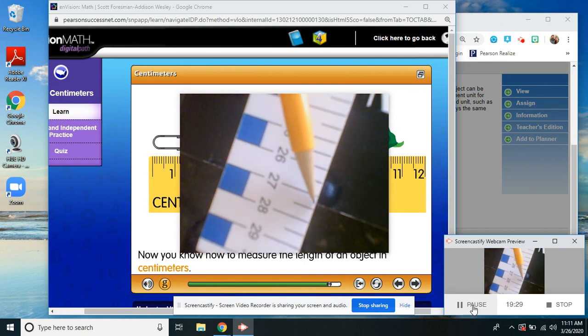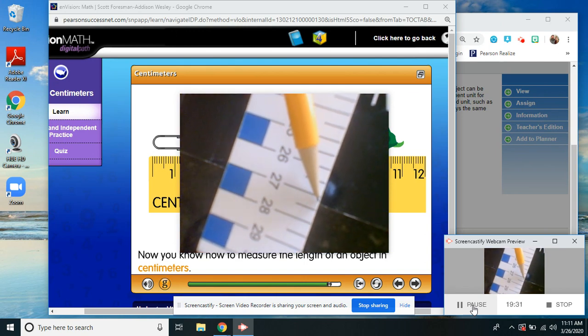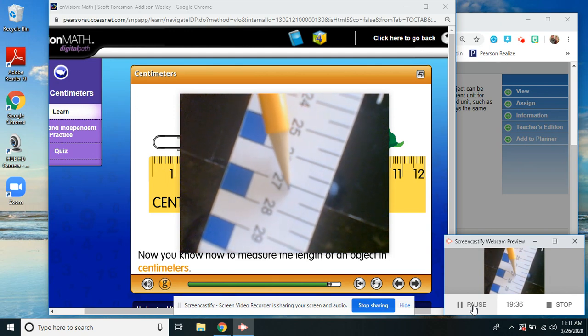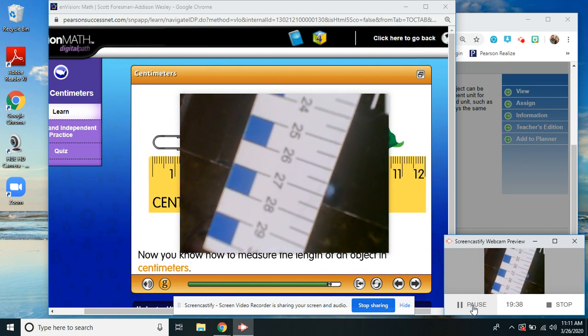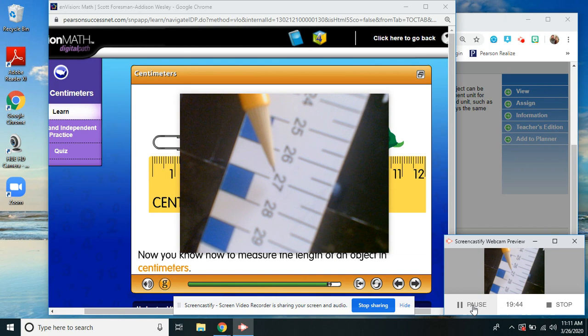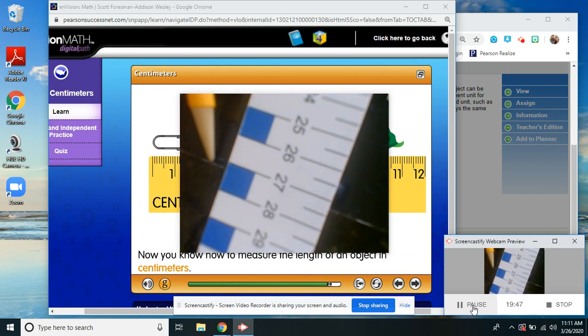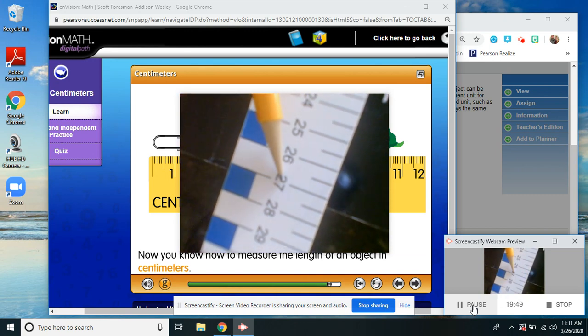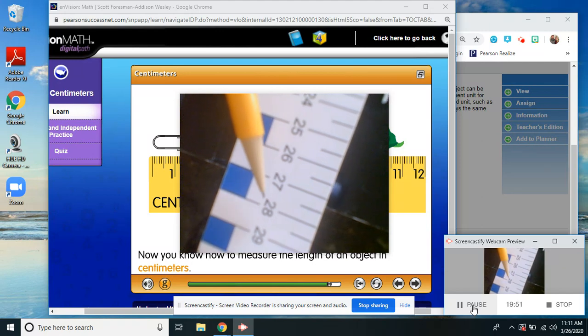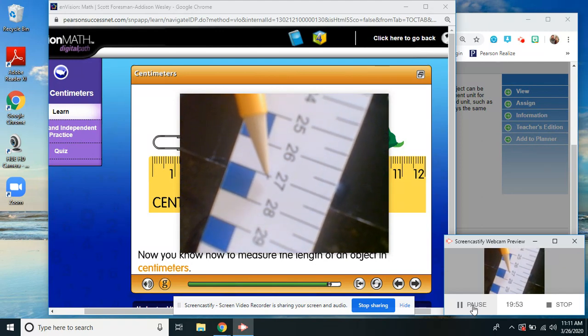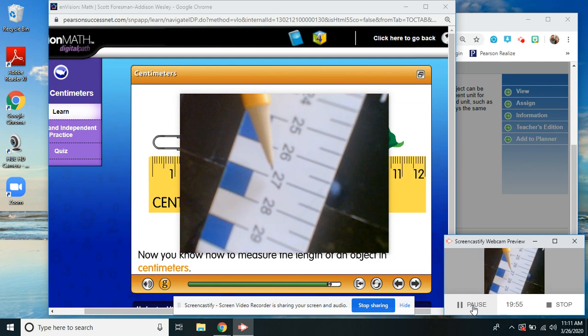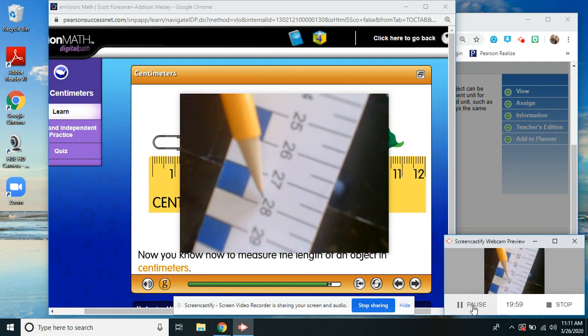And if I was to draw my imaginary line on my ruler, my book would come about right here, so a little past 27. I would say that this book is about 27 centimeters long because this mark is closest to 27 versus 28. Remember, we're counting to the nearest centimeter. So 27 is nearer than 28.